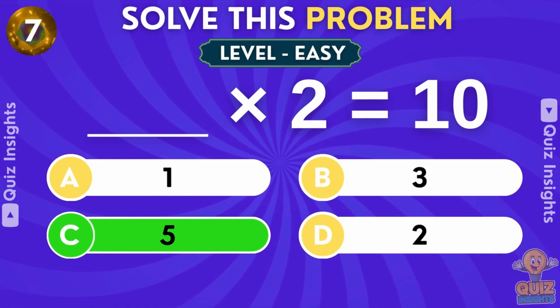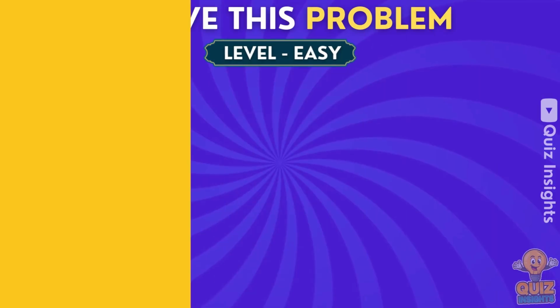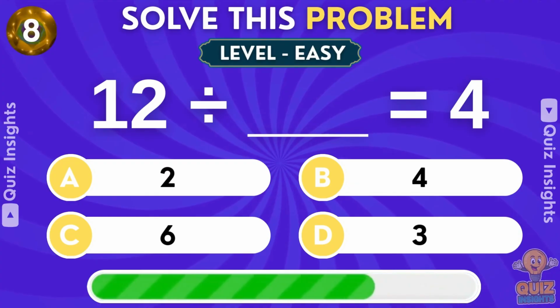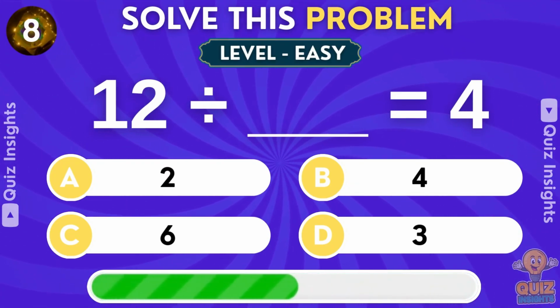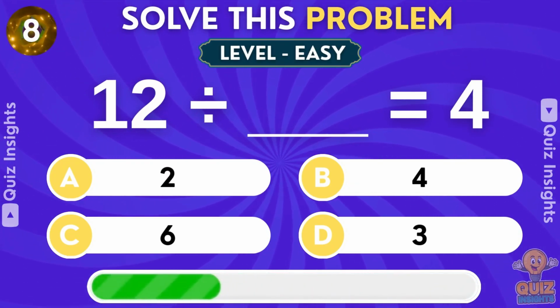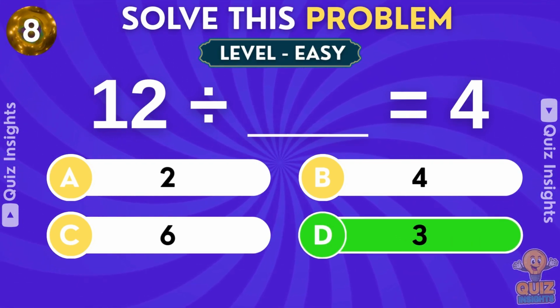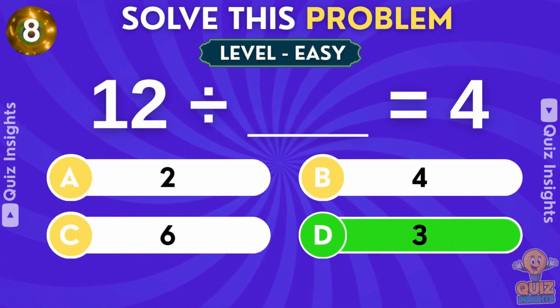Yes, it's 5. 12 divided by what number equals 4? Yes, the correct answer is 3.